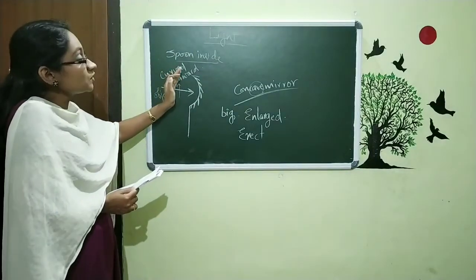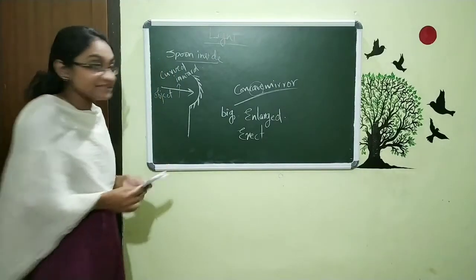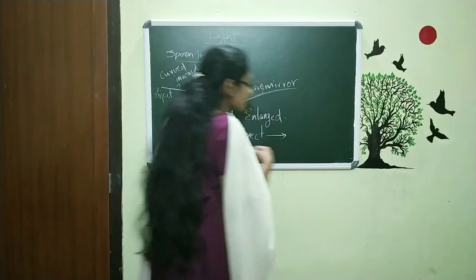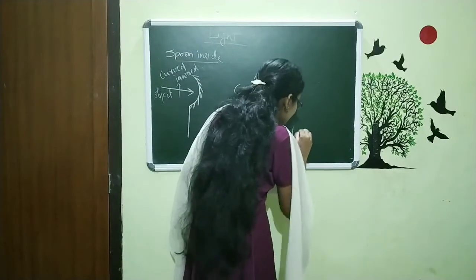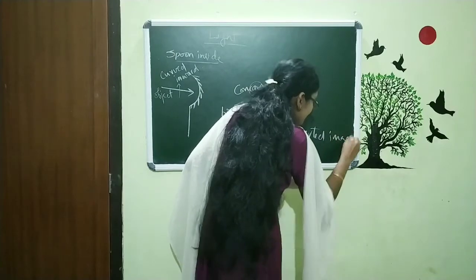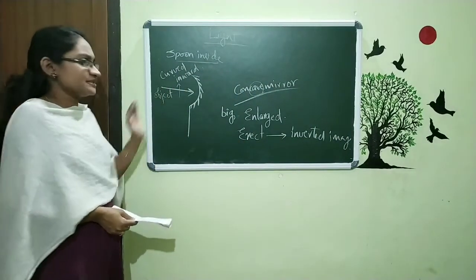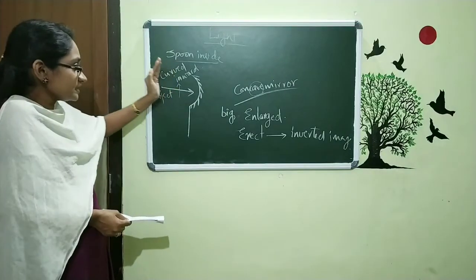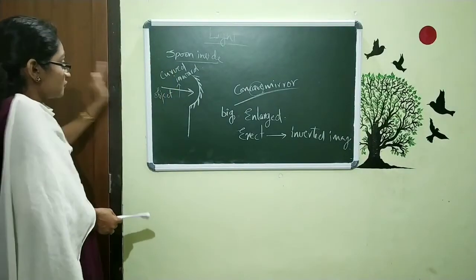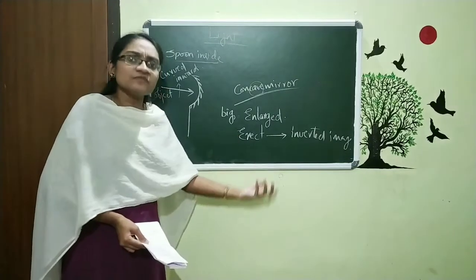When I move this arrow backward, you can see that this erect image is converted to an inverted image. That means when we move this object backward, far away, the image is inverted.